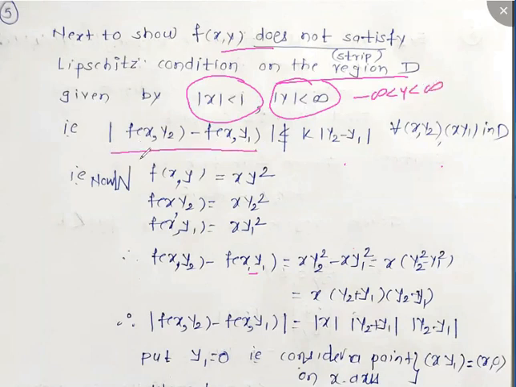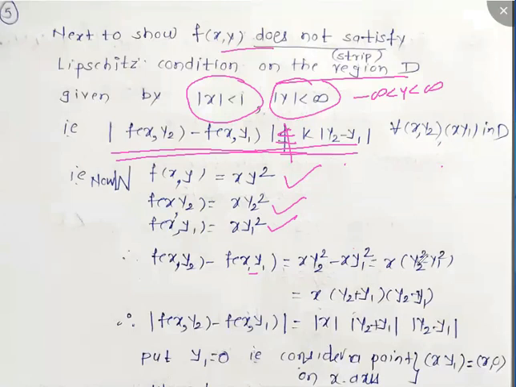Now again, we have to show that if this inequality satisfies, then Lipschitz condition holds, and when it does not satisfy, then Lipschitz condition does not hold. So function is again same. Find out f of x comma y2 minus f of x comma y1, their difference x y2 square minus x y1 square, x is common.